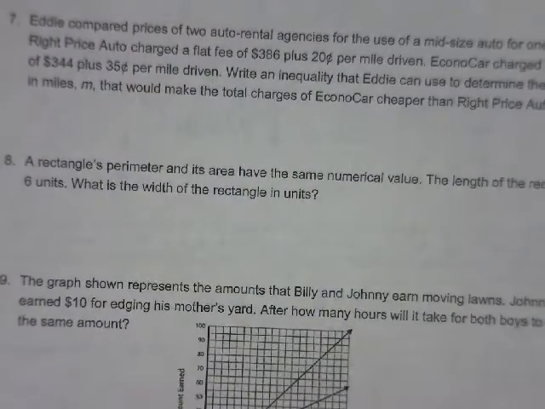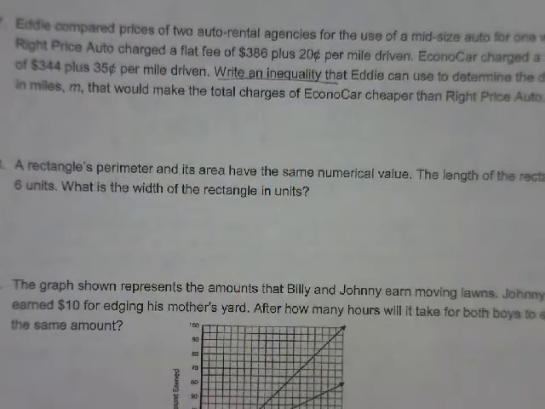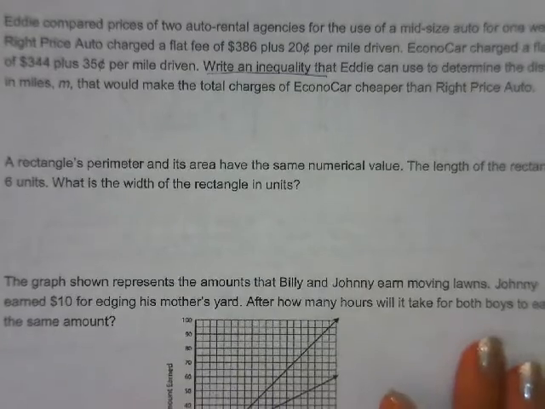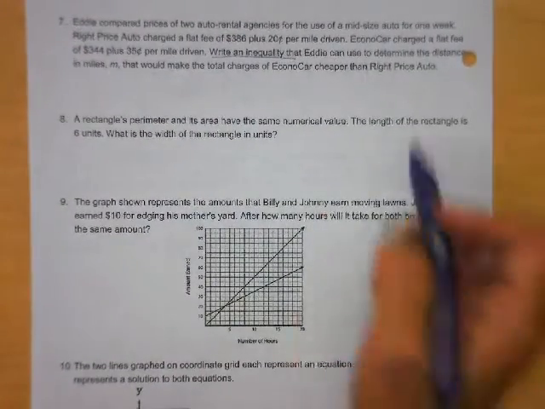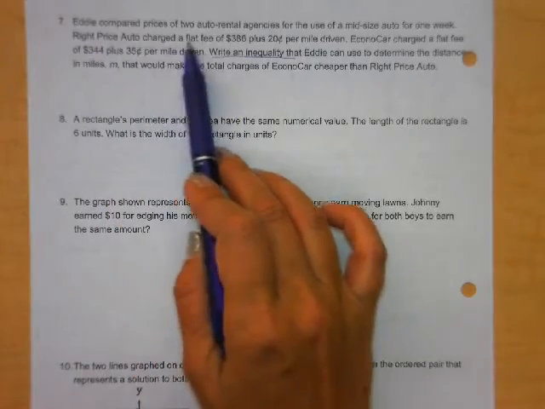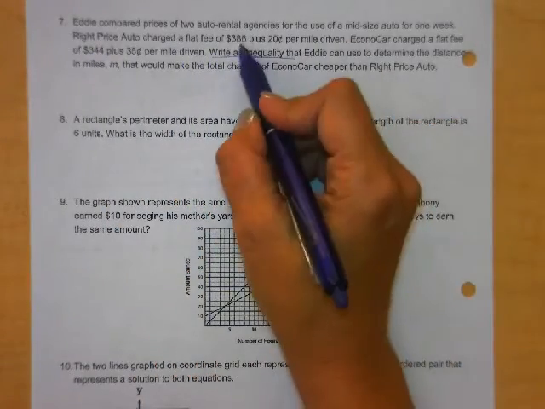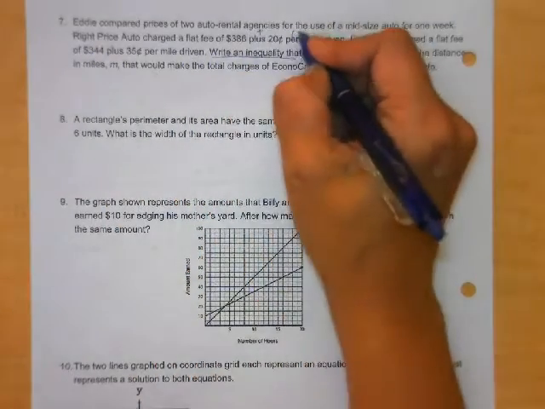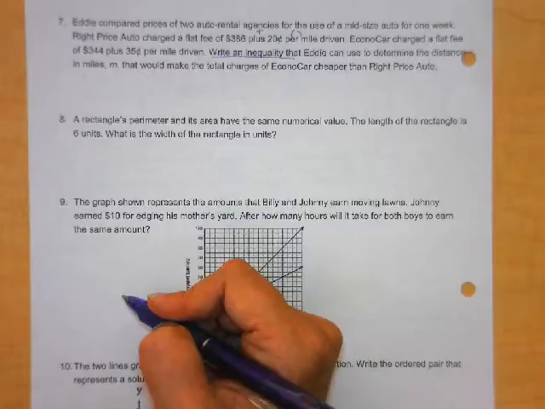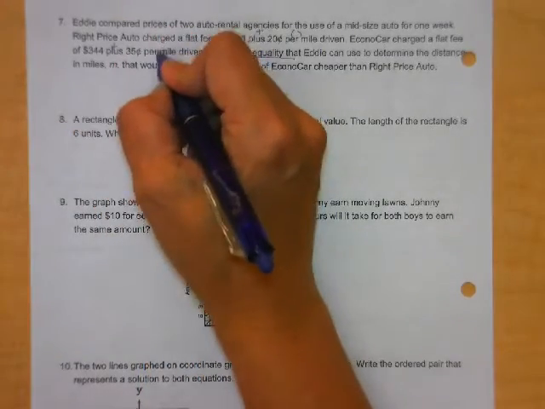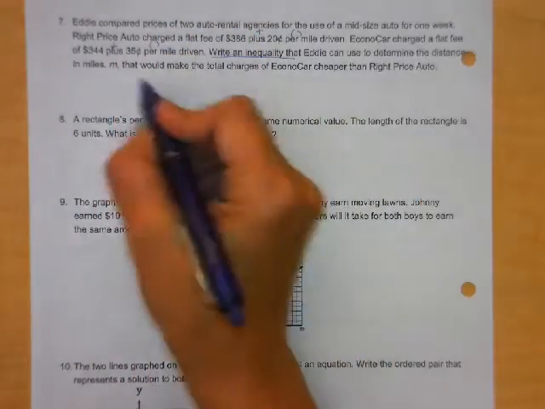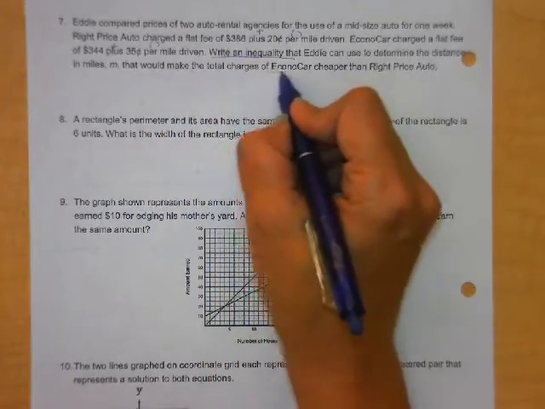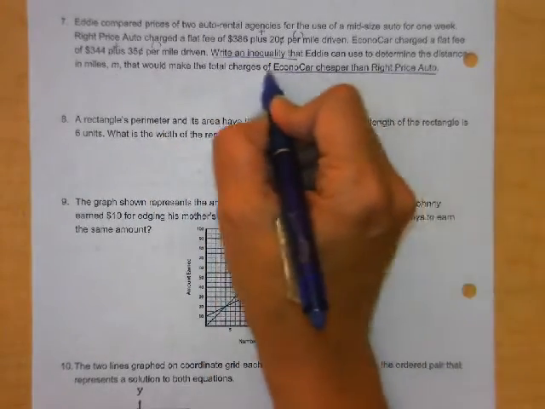On the back, we have, again, just writing an inequality. So it talks about auto agents, car rental agencies, Right Price Auto, flat fee, $386 plus 20 cents per mile. Econo charge a flat fee of $344 plus 35 cents per mile. Write an inequality to determine the distance in miles, make the total charges. Right here, this is the part we've been practicing.